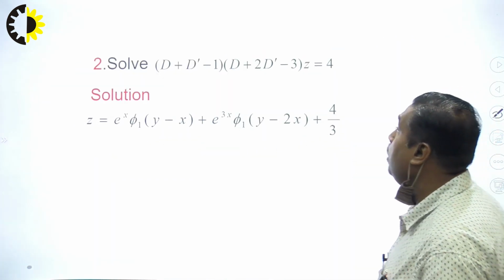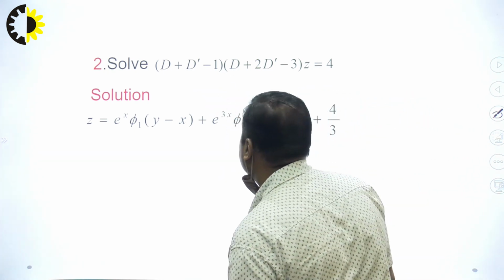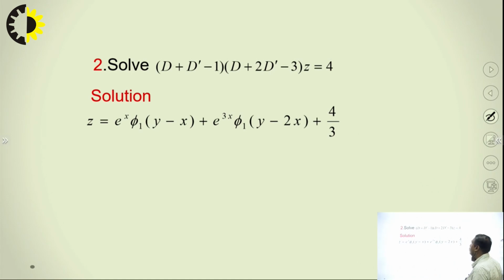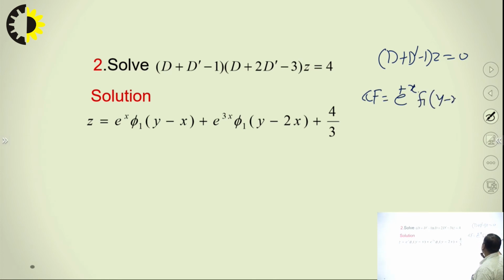Now take the example of this: D minus D dash plus minus 1, D plus 2D dash minus 3, into z is equal to 4. Now we have to take, on comparing with D plus D dash minus 1 into z equals 0, here a is equal to 1 and c is equal to minus 1. So CF is equal to e power x phi1 of y minus x. That is the factor.